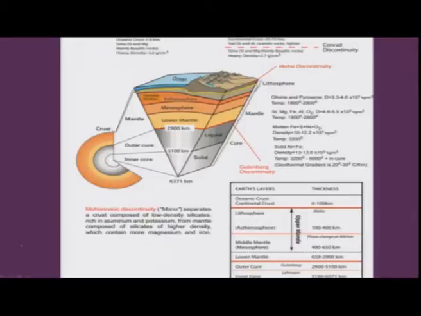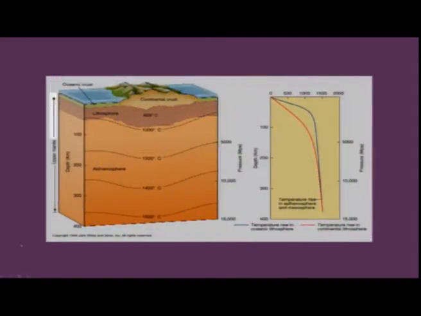So let us move ahead. I'll just move faster. We have already discussed this, but I would again request you to go through it, which will help you in understanding the interior of Earth. As we go deeper into the interior of Earth, the temperature increases, and pressure also increases.